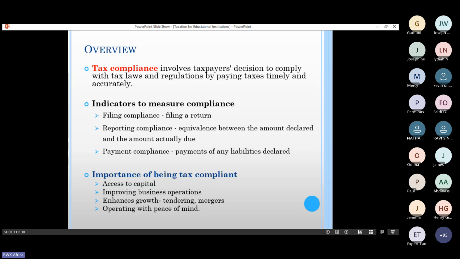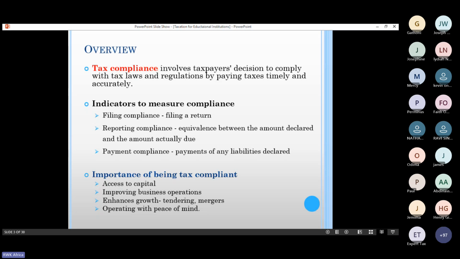By being compliant, you are supposed to declare the actual sales of your company, or in this case, in the educational sector, we have school fees as our revenue. So have you declared the entire school fees that you have received for the entire period? The difference between the amount that you have declared and the actual is how we measure the reporting compliance, whether you are compliant, have you done whatever is required.